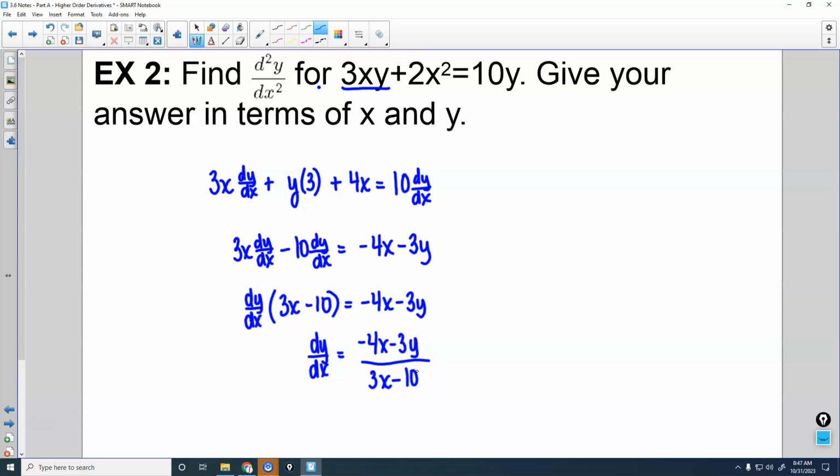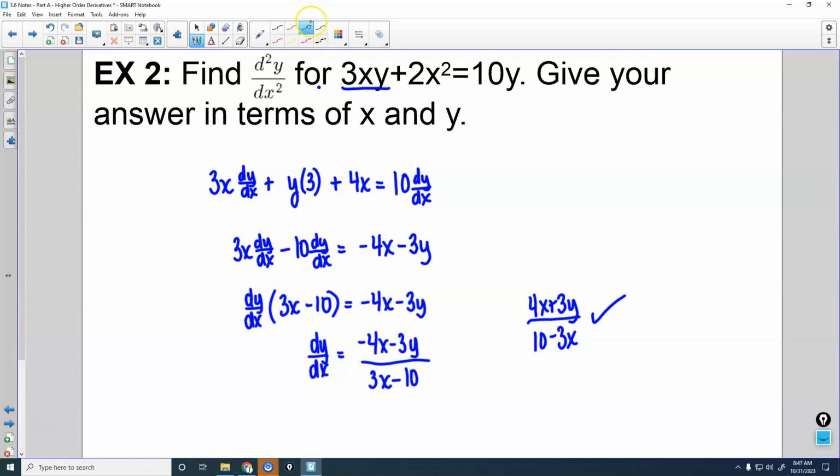What I did was I subtracted 3x dy/dx so that all that stuff was on the right side. Okay. So do you have 4x plus 3y over 10 minus 3x? That is correct.